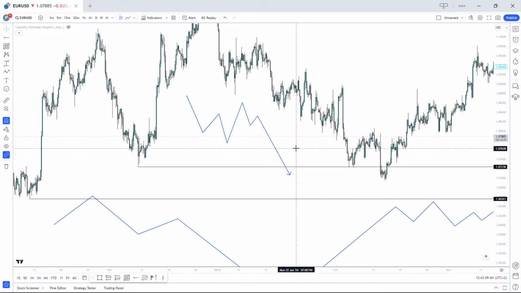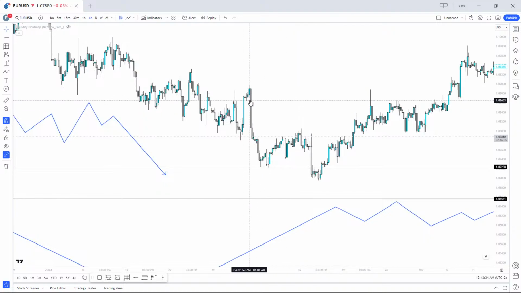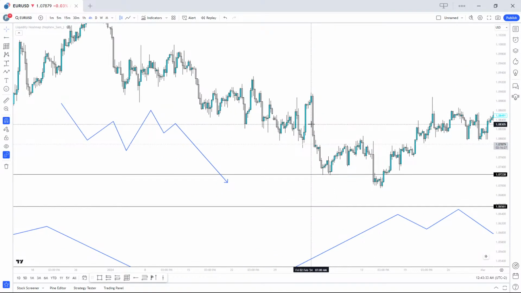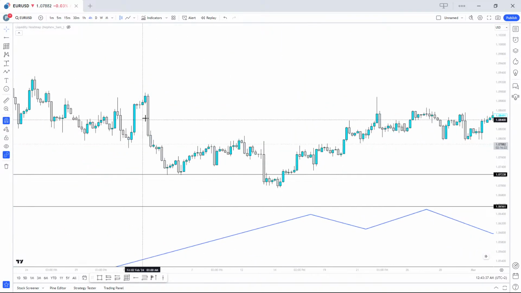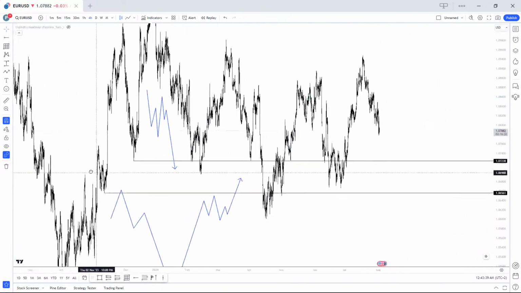What would be a good example of this one? I mean, this could be it, but you don't have a good reaction here. Actually, I don't know, because I can't see much going off this spike. And how far is this in the chart?